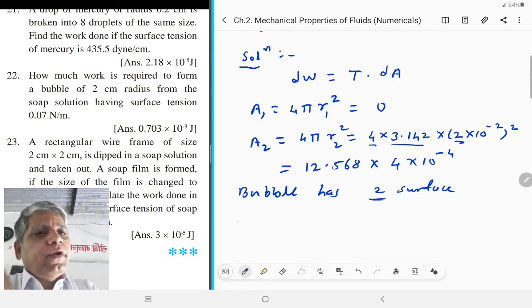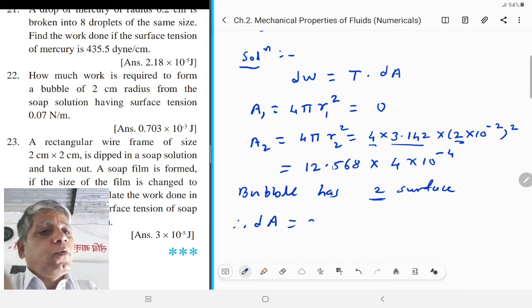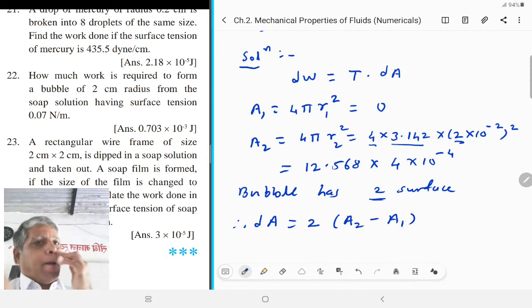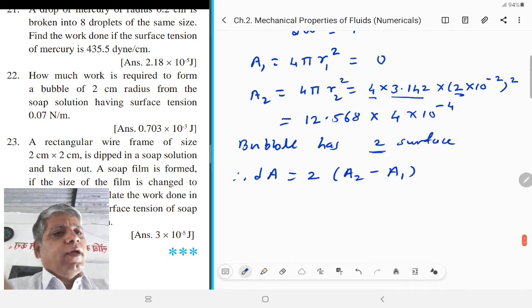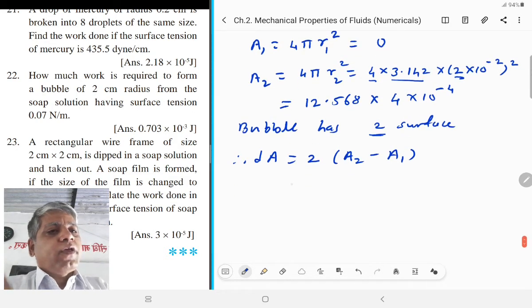Therefore dA is equal to 2 times A2 minus A1, and therefore this is equal to 2 into bracket.